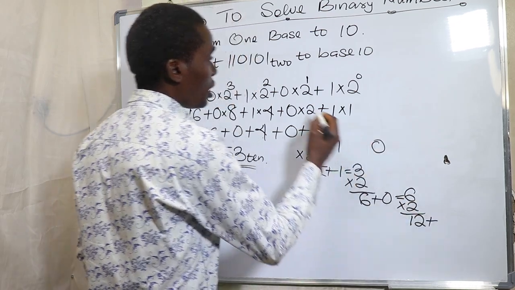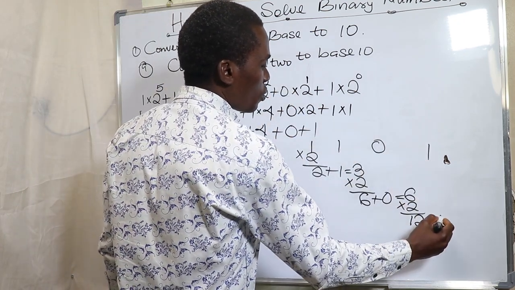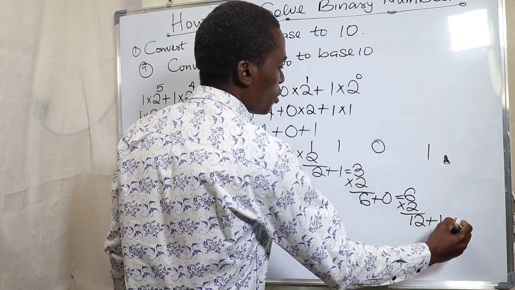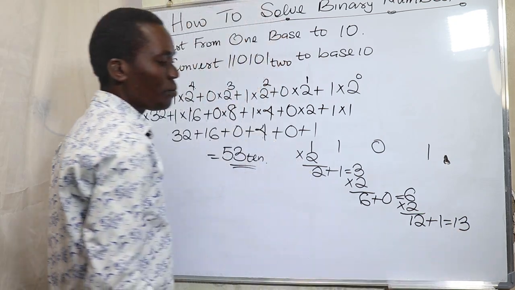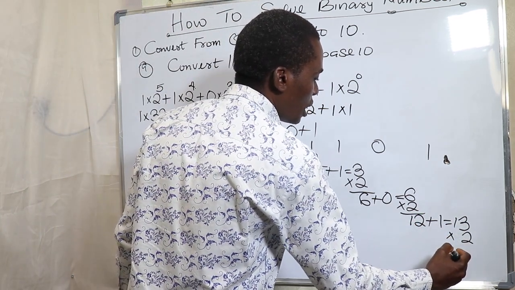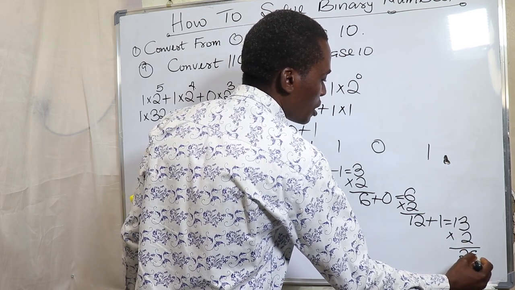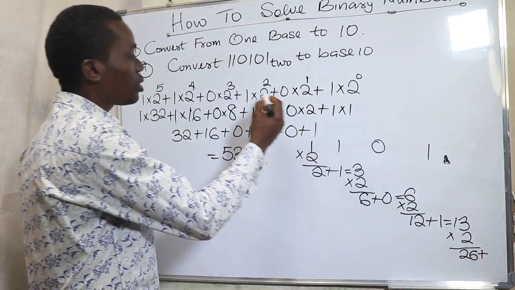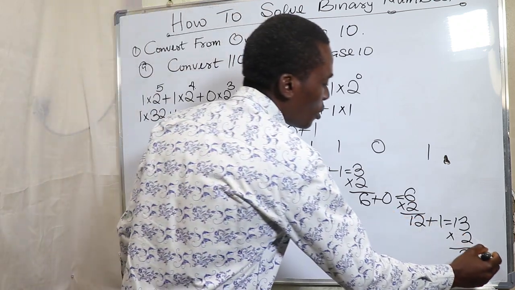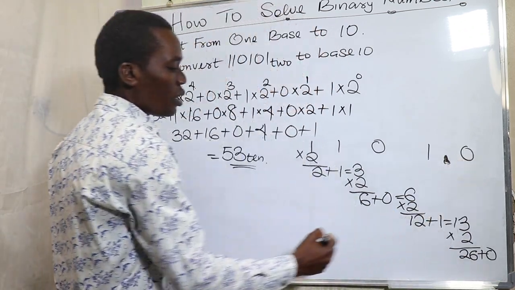Then I'll add it to the next number, which is 1. 12 plus 1 is going to give me 13, right? Good. That 13, I'm going to multiply it by 2, and that will give me 26. That 26, I'll add it to the next number, which is 0, and that will give me 26.